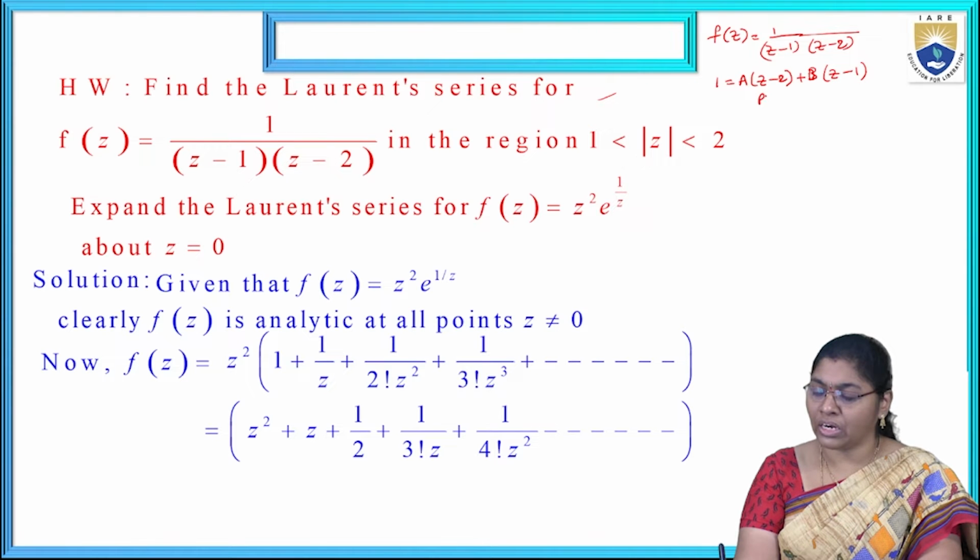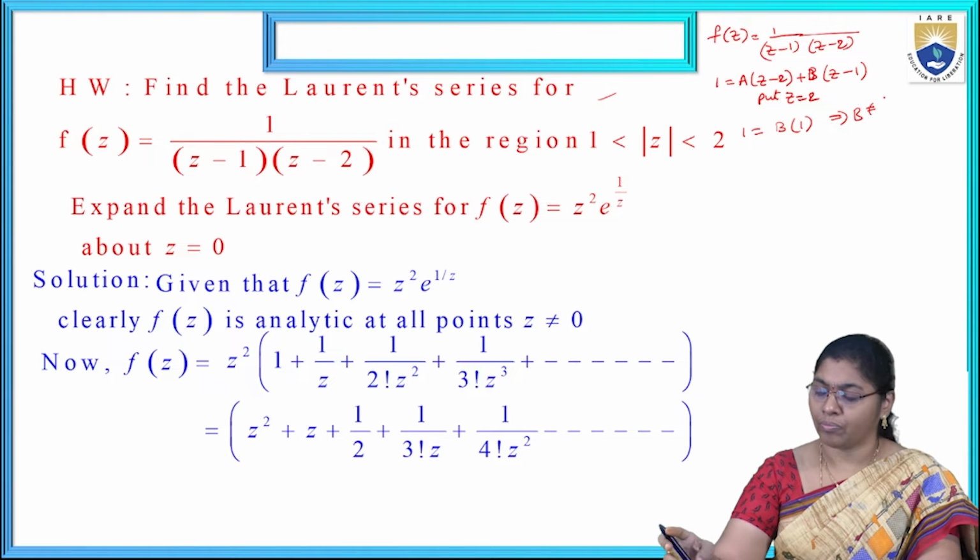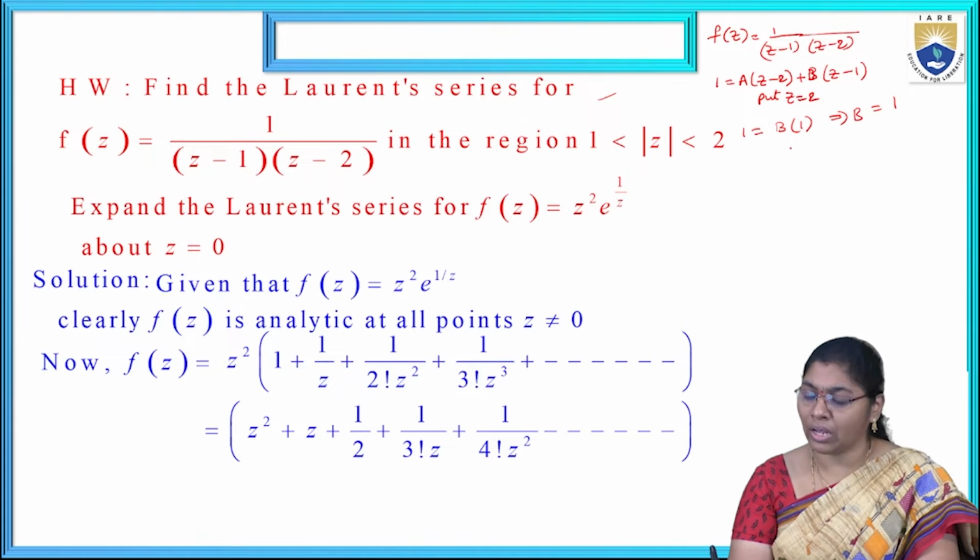Now put z equal to 2. Then 1 equal to a times 0 plus b(2 minus 1), so b equal to 1. Next, what about a? Put z equal to 1.